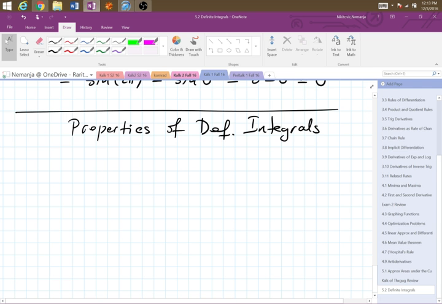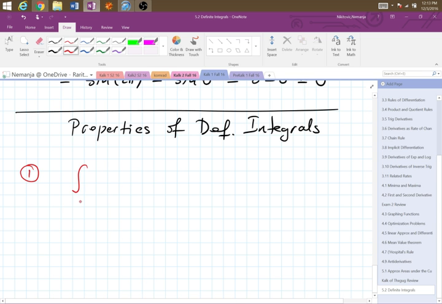These properties are important because eventually you are going to run into them and they can save you some quality computing time. One of them is that if the limits are in the wrong order, which means larger number on the bottom and a higher number on top, they can be swapped.